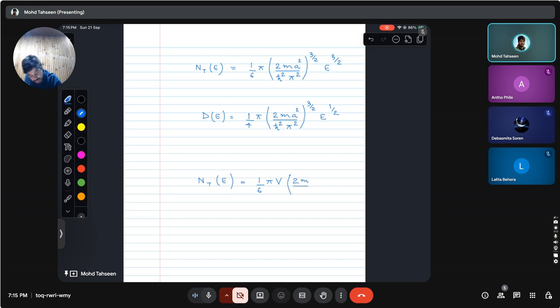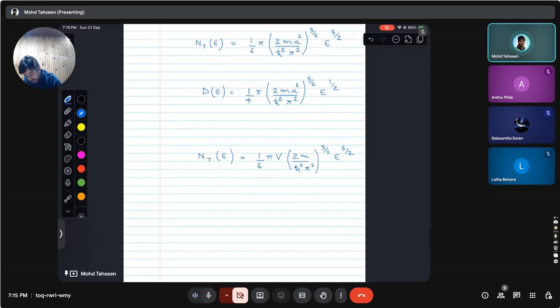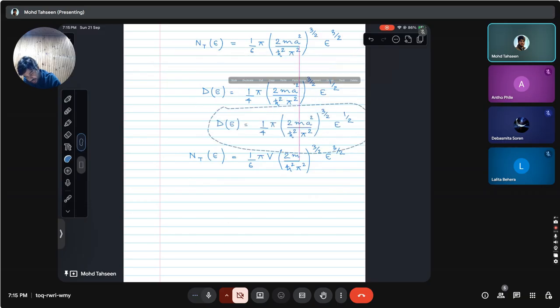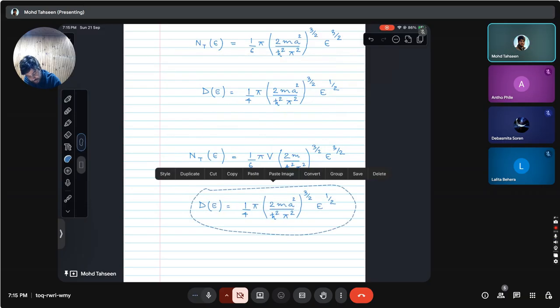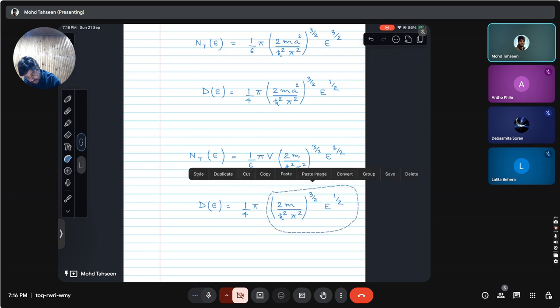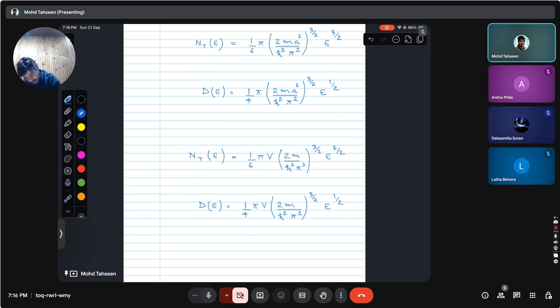It will be (2m by h cross square pi square) to the 3/2 times E to the 3/2. And similarly for the density of states. This is the modification I want to do here: take out the a square term and put in a volume term.